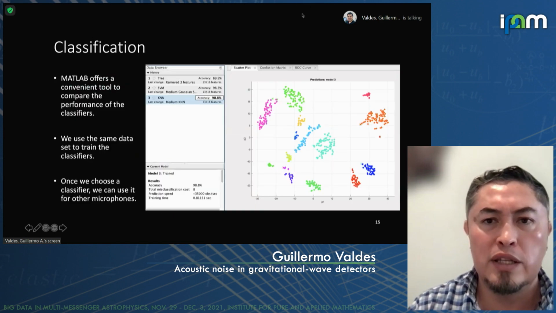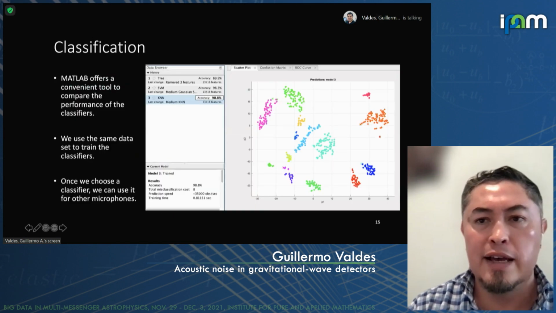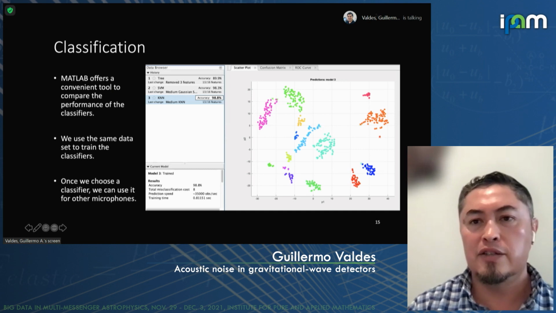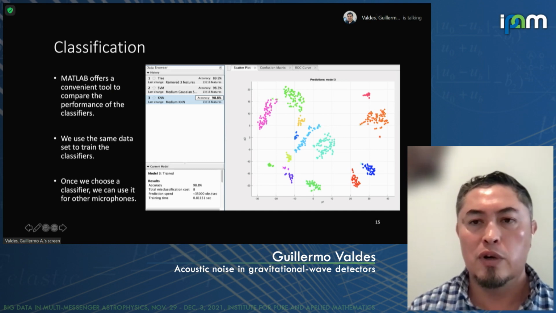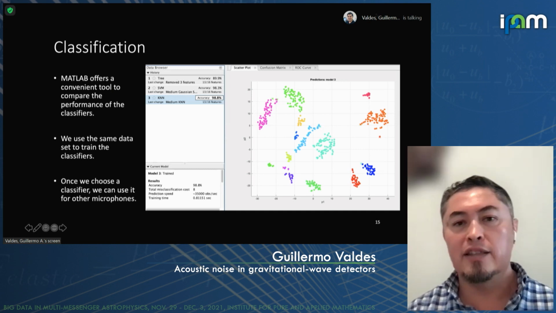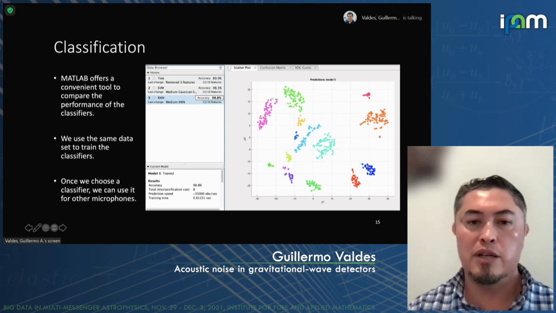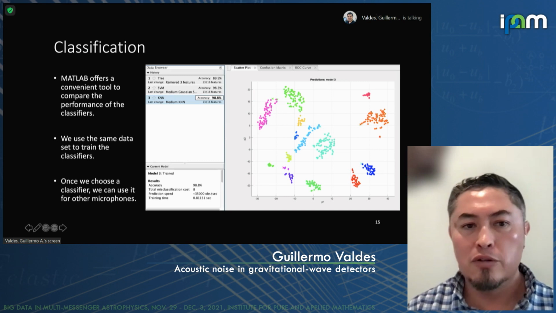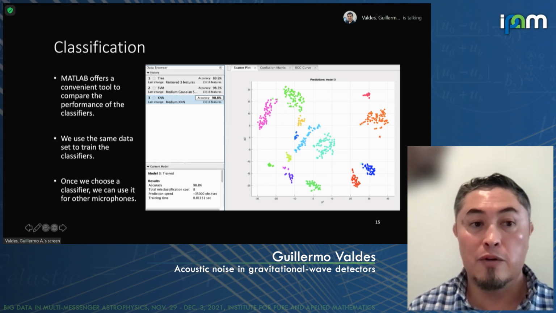And the last thing that we did was the supervised learning. That is the classification of all these noises. So what we did was to use the data that we already found by grouping, and now we use it as a training set. MATLAB offers a very convenient tool that compares the performance of all these classifiers.